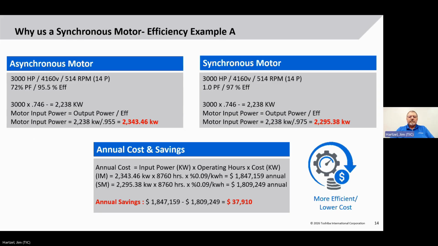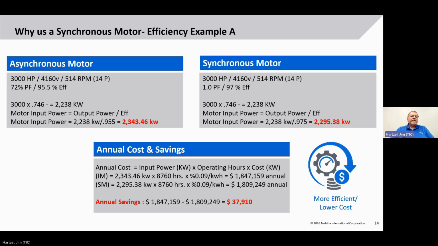Okay, as far as efficiency goes, here I took an example of a 3,000 horsepower, 4160 volt motor, and I assumed an efficiency of about 95.5%. This is the induction motor, the asynchronous. The synchronous motor was a 3,000 horsepower, so same rating, and its efficiency is about 97%.